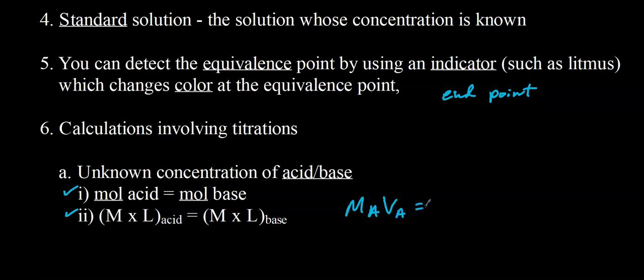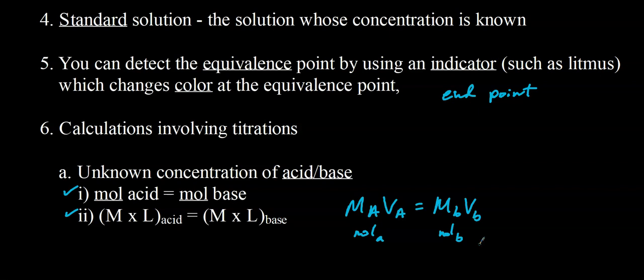MAVA, molarity of the acid times volume of the acid. First of all, this is moles of acid equals MBVB, which is moles of base. Concentration of base times volume of base.